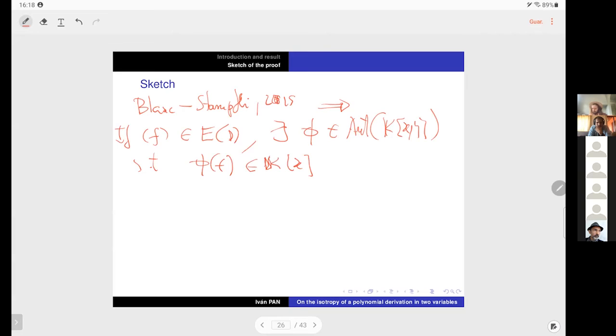With this property, one may do explicit calculations. For example, the derivation may be written like that.